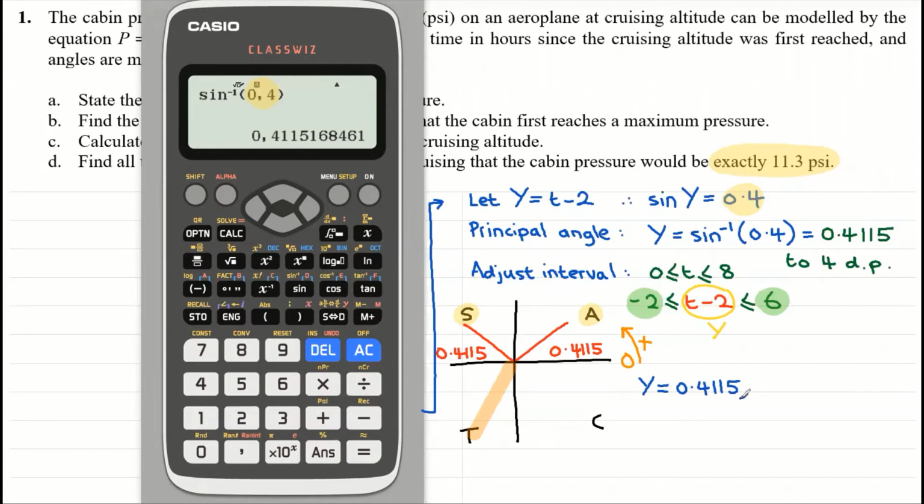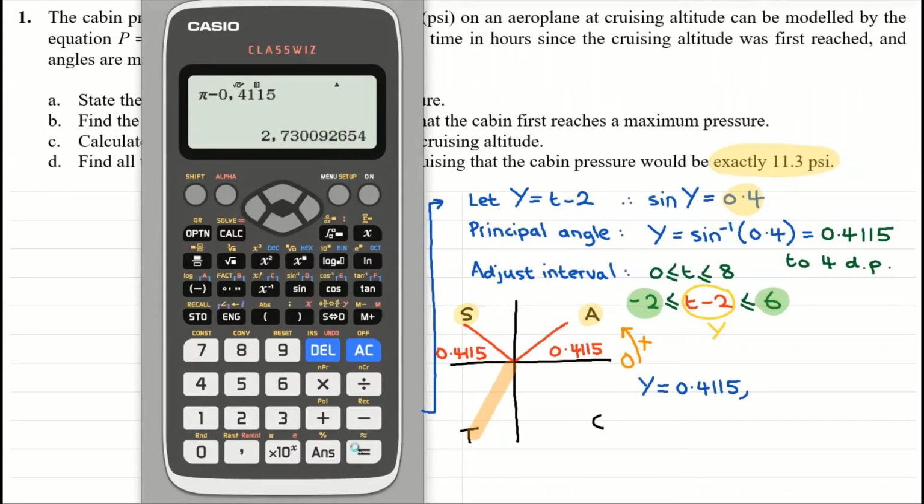So the next angle, and I'll use my calculator for this one, is going to be pi subtract the 0.4115. So we'll do that. So inverse, that button there. So there's the pi button, subtract 0.4115.